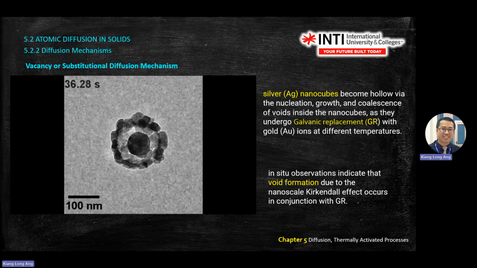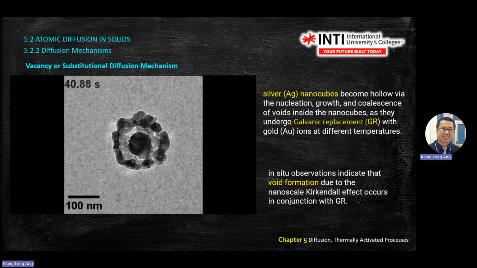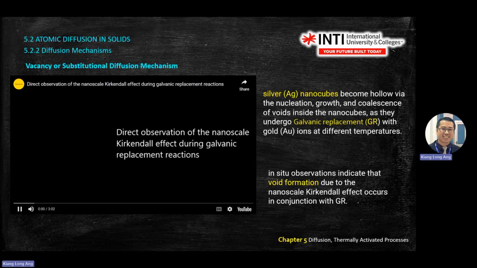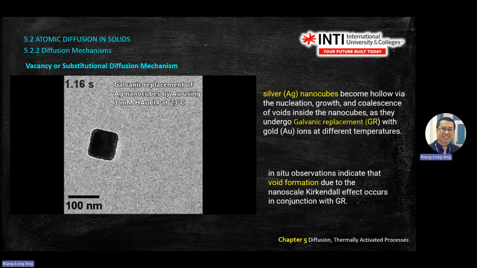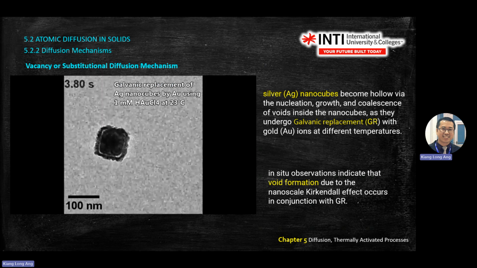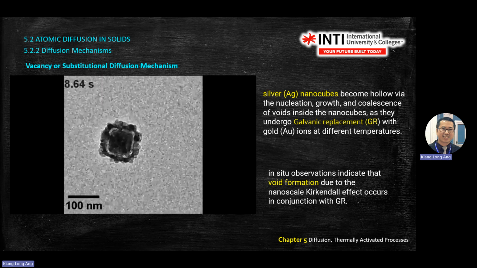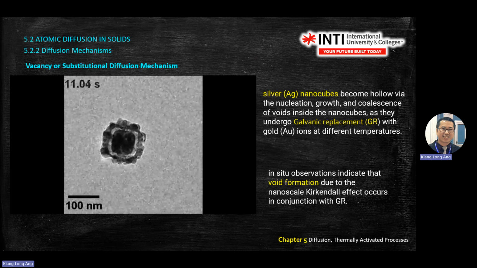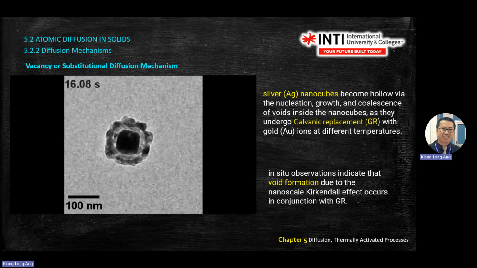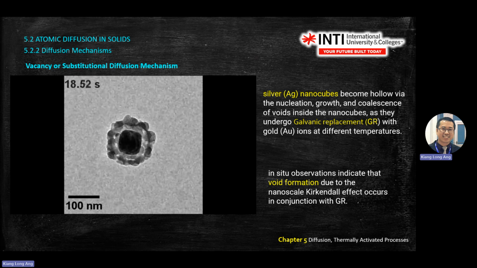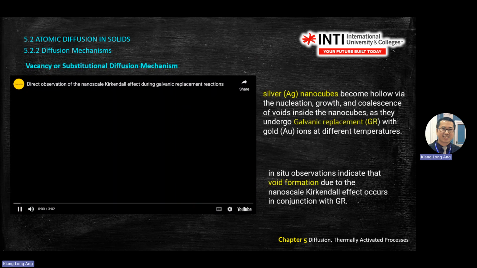This one is very, very small, about 100 nanometers. So what happens? The black color is the silver. The gold goes and attacks the silver. There is a space, which attacks the outer layer. Okay, so this is how the Kirkendall effect happens.